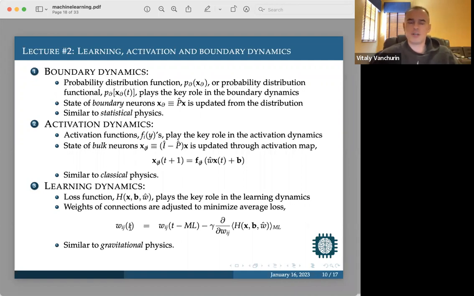In boundary dynamics, we usually consider probability distributions. On the next slide, I'll show you what kind of distributions there are. But more generally, you can think about a probability density functional, right? So this is a square bracket notation where the variable here is not a number, but a trajectory.